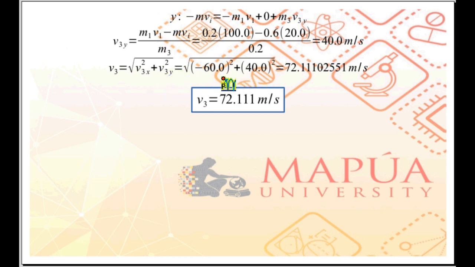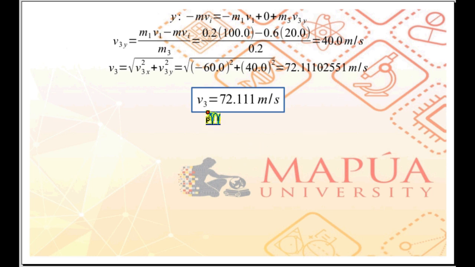Plugging in the values, we get 72.11102551 meters per second. This is the magnitude of the velocity of the third part, the third fragment, M3.